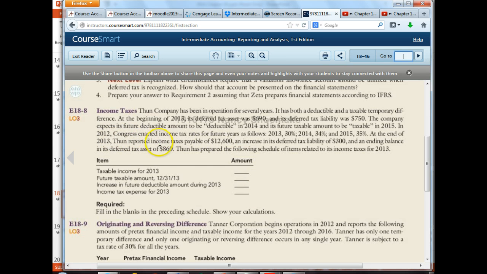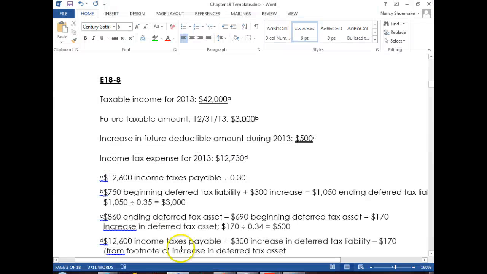Thune reported income taxes payable of $12,600. And what do we know the tax rate is? 30%? See that? So if we take $12,600, divide that by 30%, what's our taxable income? $42,000.